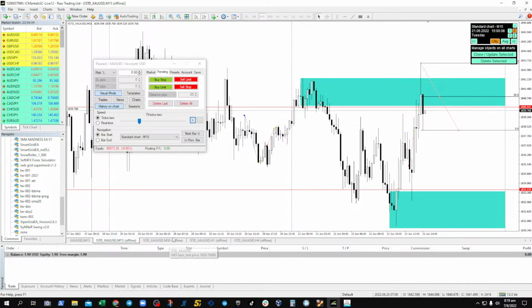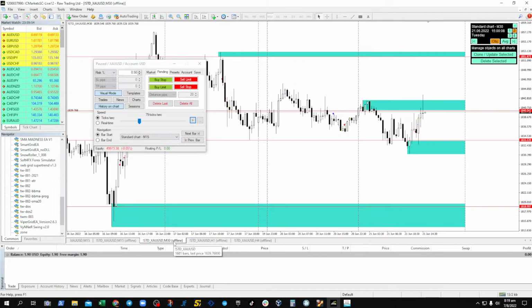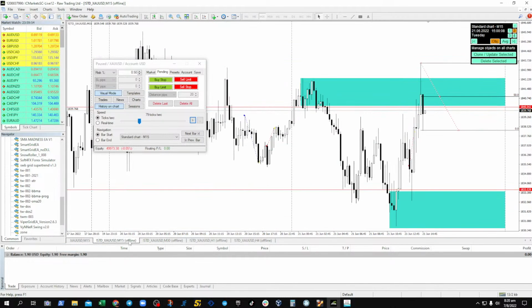Let's see on M30 how it looks. M30, yep, a strong rejection. You know what? I'm going to take a trade when this candle flips bearish, and I'm going to put my stop up here, because now the 50% is already here.